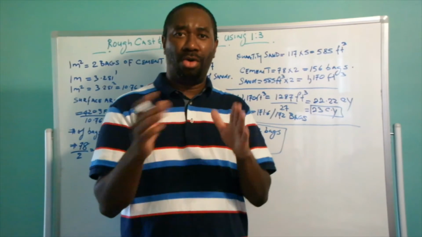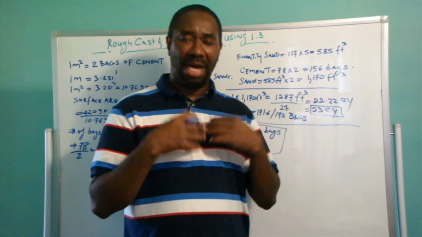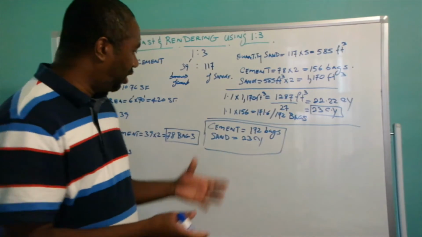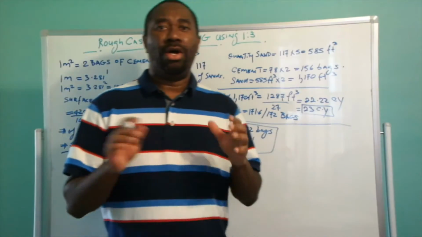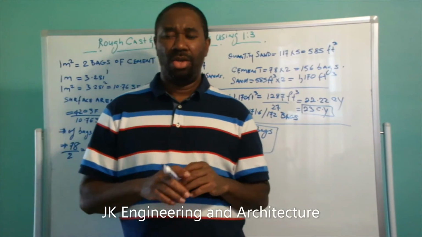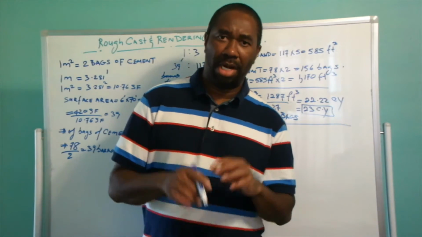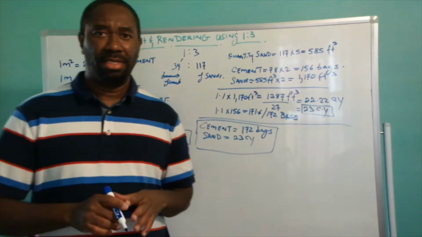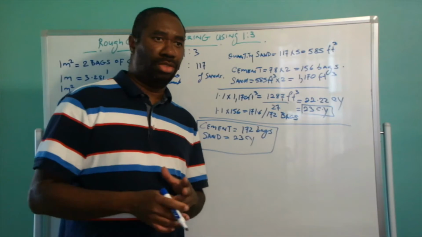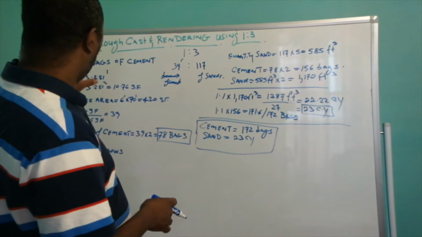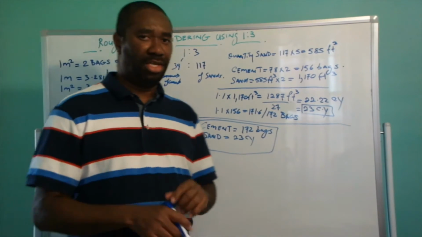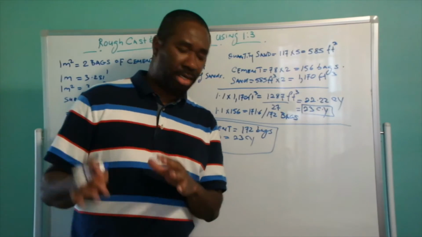As I said, it can be more or it can be less, but in my estimation it is around the same approximation. Now I'm going to be working out the amount of paint that it is going to need to take care of this wall footing here.